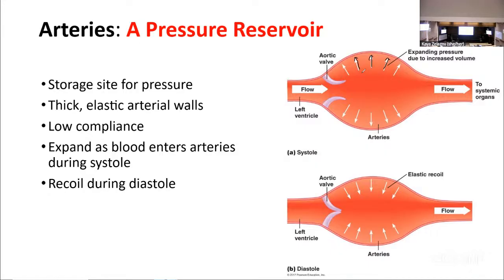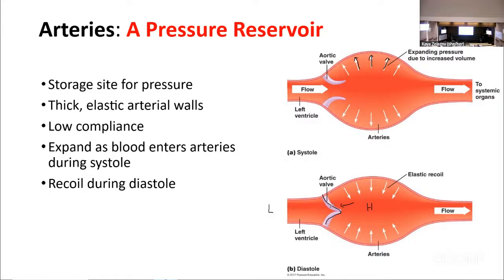And then when blood flow stops, when this aortic valve closes, and it would close because now we have a lower pressure in the heart and we have all this high pressure from the blood that's been shoved into the aorta. We don't want blood to move backwards into the heart, so that valve has to be closing.